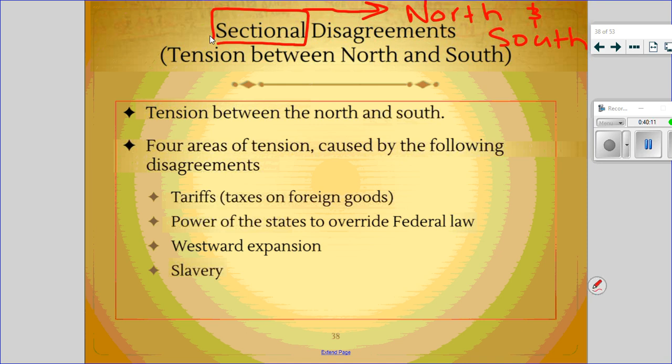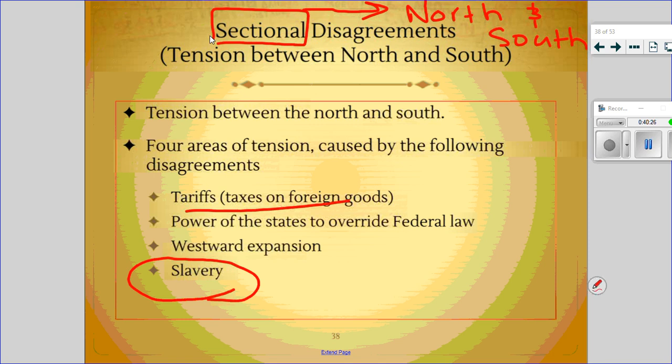You can break it down like this if you want, but it all comes down to this. You've got tariffs, taxes on foreign goods. The North liked tariffs, the South didn't. Why?